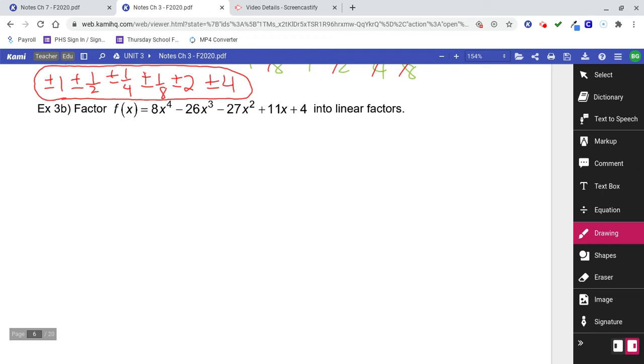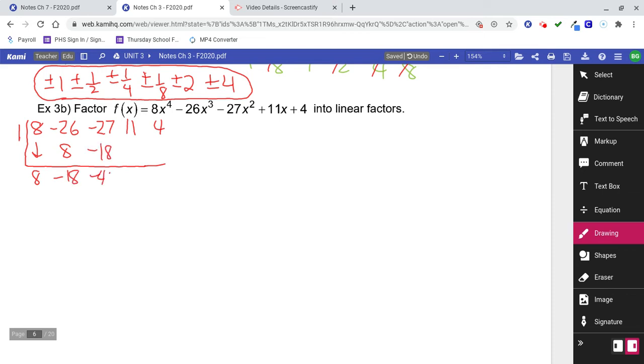The first number in our list is 1. Let's see if 1 is a 0. You've got 8x to the 4th minus 26x to the 3rd minus 27x squared plus 11x plus 4. Okay? So add down is 8, multiply is 8. Add down is negative 18, multiply diagonal is negative 18.